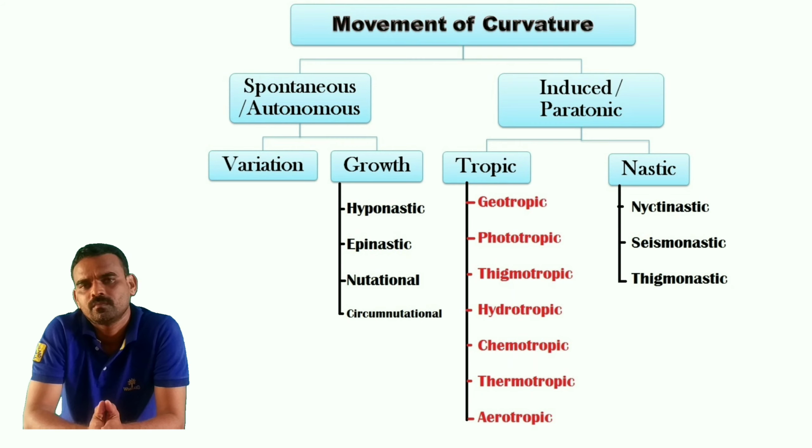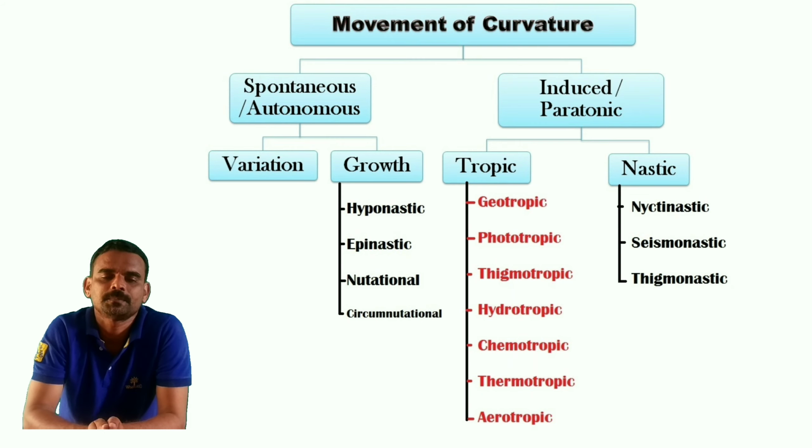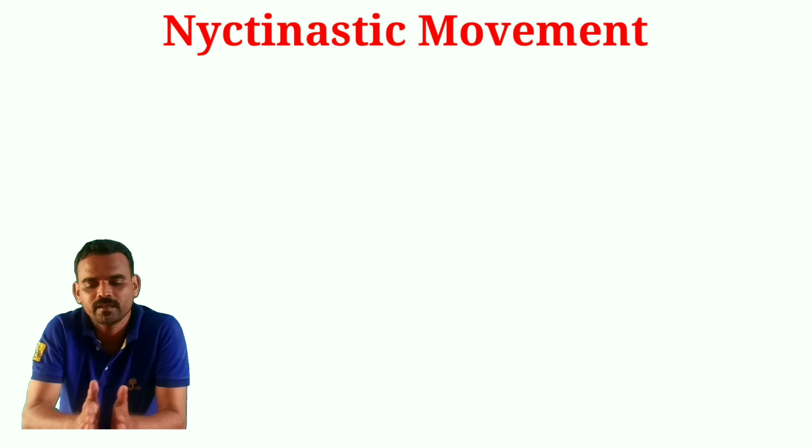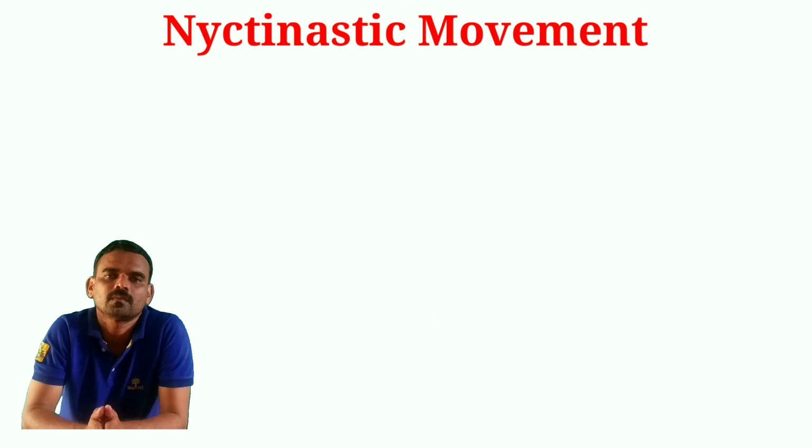Next, that is the Nastic movement or variation movements. These Nastic movements are again categorized into different categories. Number one, that is Nyctinastic movements.